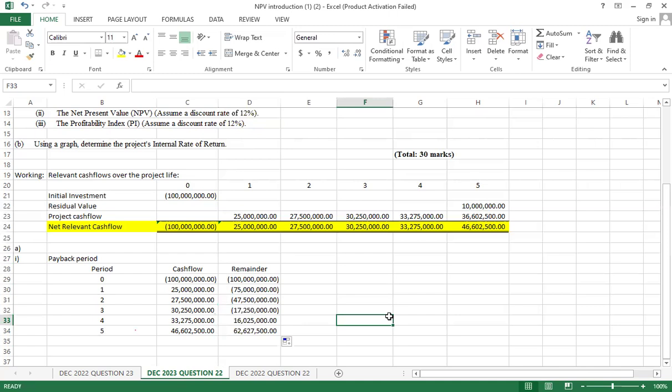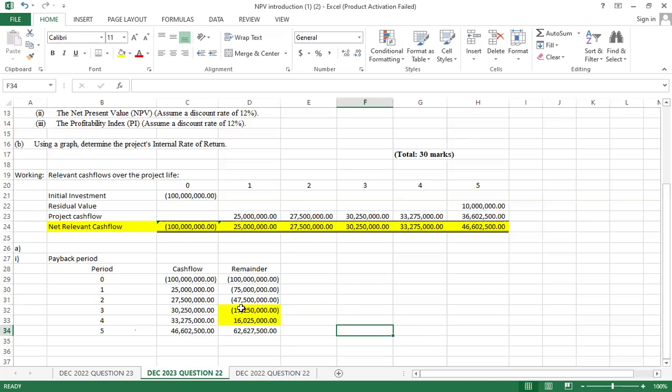When do we say that full recovery of the 100 million has happened? Full recovery happens when this remainder column becomes a plus. As long as you have a minus, you have not recovered the 100 million fully. And that means that the full recovery happens between period 3 and 4.